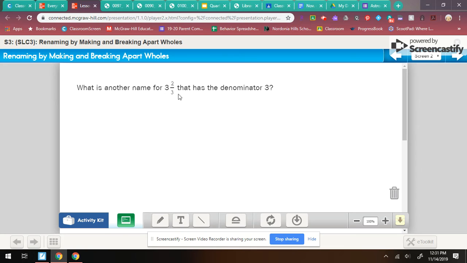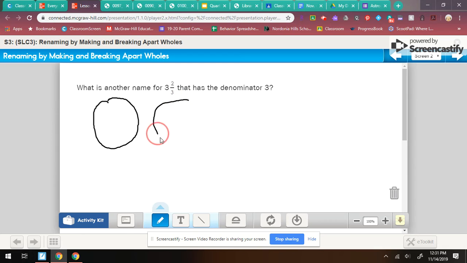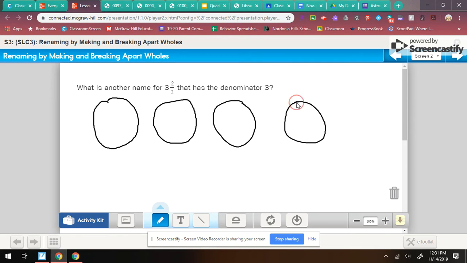Can we think of another name for 3 2/3? So instead of using fraction circles, I'm going to draw them. So I have 3, and then I have 2/3. And you know that should be even. It's a little hard to draw with your mouse.